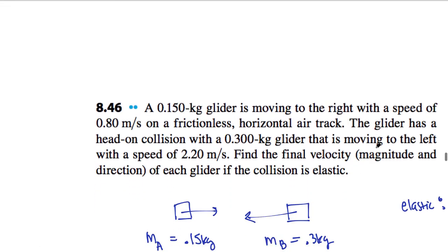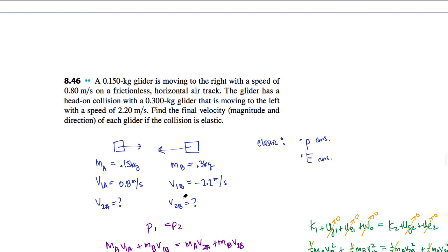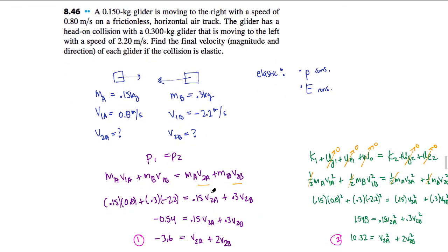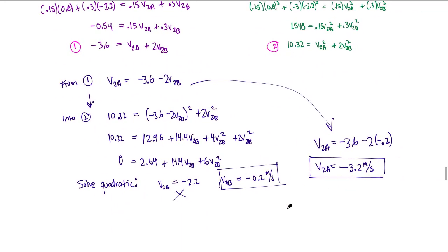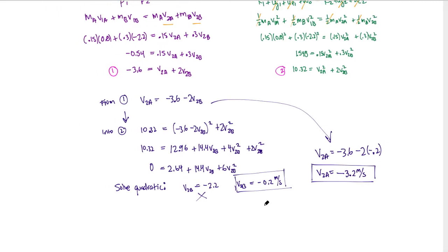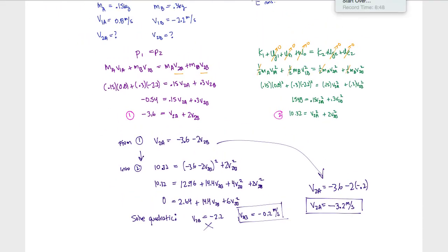We have a glider with twice the mass hitting a glider that is half as big, and it also seems to be moving like 4 times as fast in the leftward direction. So we see a weird situation where my smaller glider is actually pushed to the left and the big glider continues slightly to the left. This seems to make a bit of sense, even though it is not extremely intuitive.